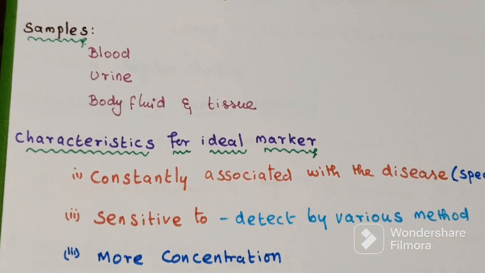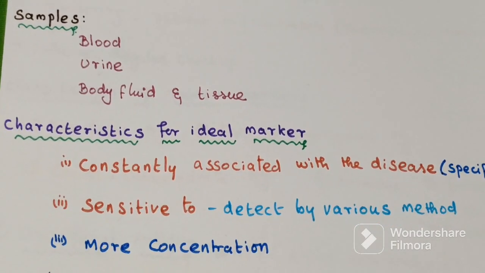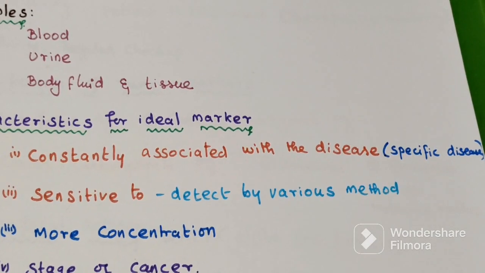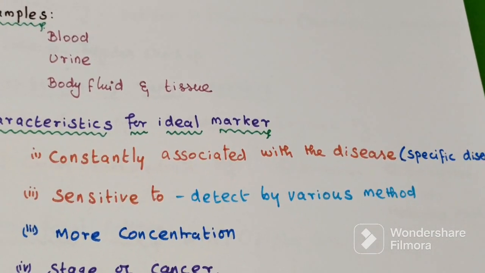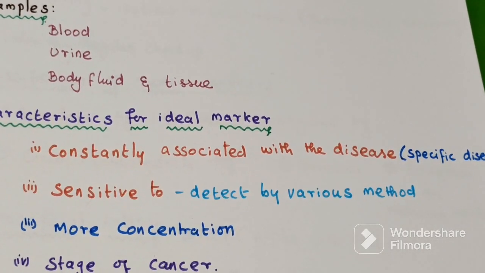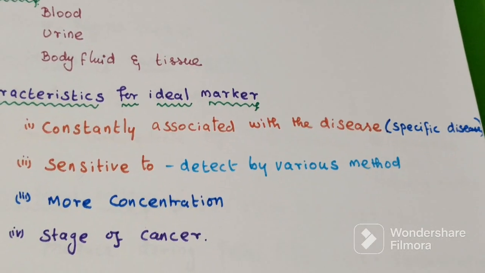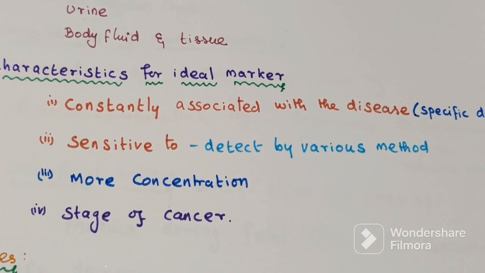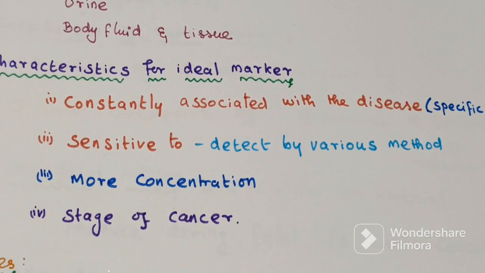Next, what are the characteristics of an ideal marker? It should be constantly associated with the disease. It should be specific for the disease, especially cancer. It should be sensitive, detectable by the various methods available. It should be present in higher concentration compared to a normal individual.